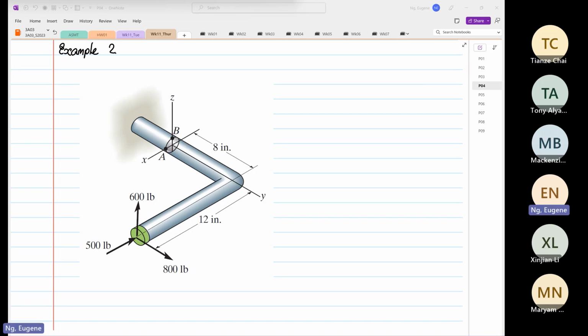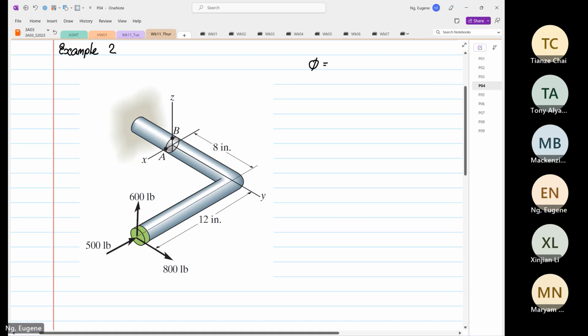The diameter of this shaft is equal to 1 inch. Yeah, this is a 1 inch diameter. So the first thing, we are going to determine the stress state.